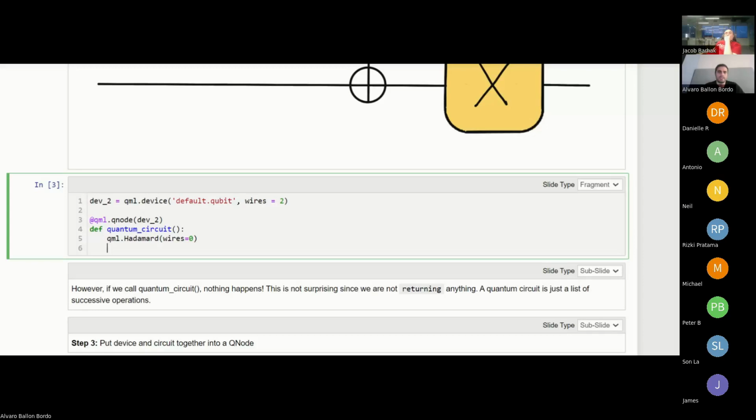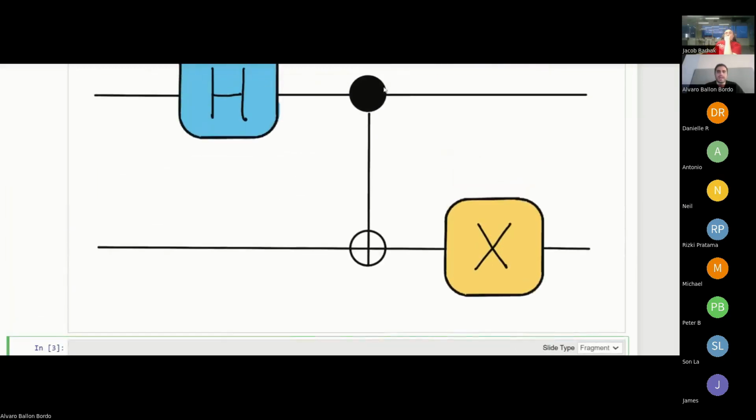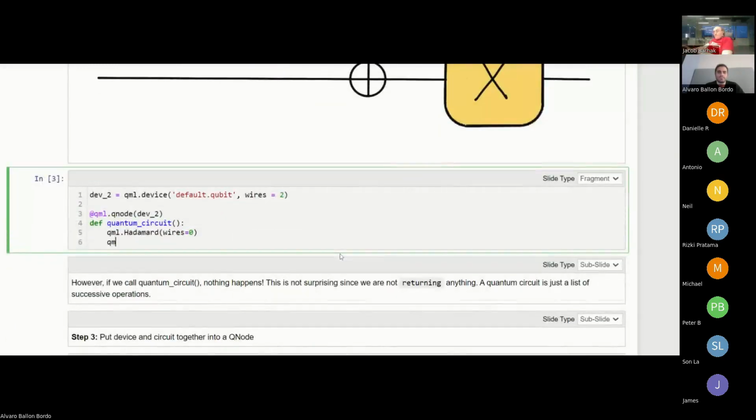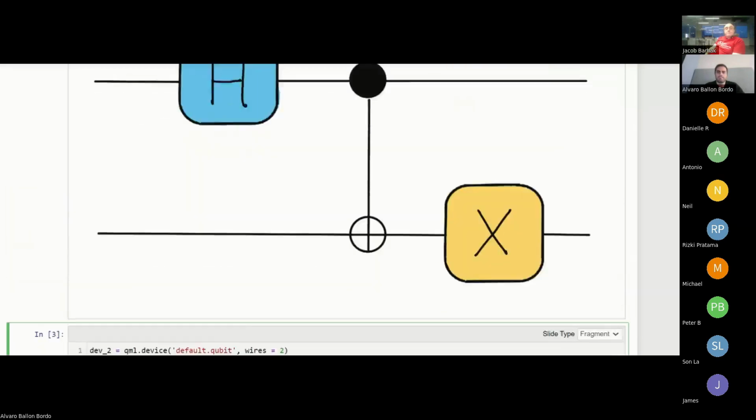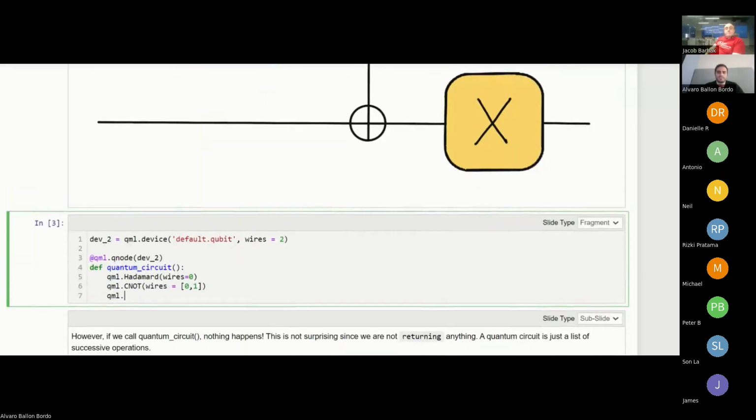And we need a control NOT gate that acts that the control is on the first wire and the qubit acted on is on the second wire. So the way you do this is qml.CNOT wires equals 0, 1. And then we need poly X on the second wire. So can anyone tell me what that would be?